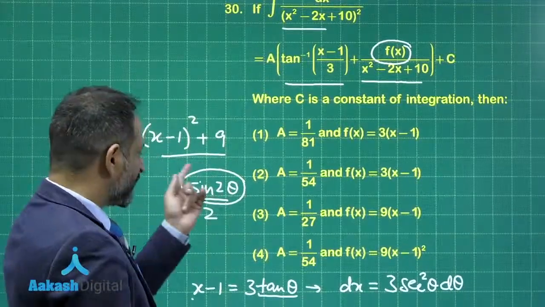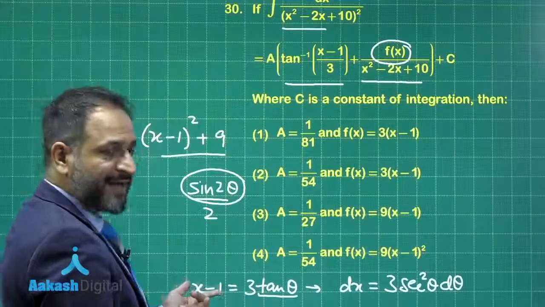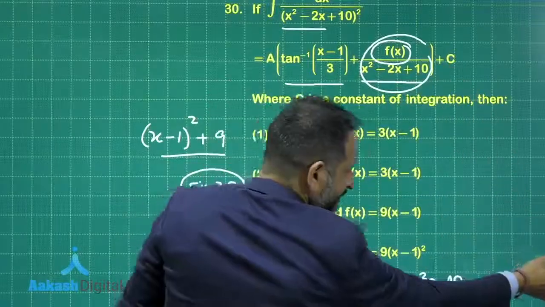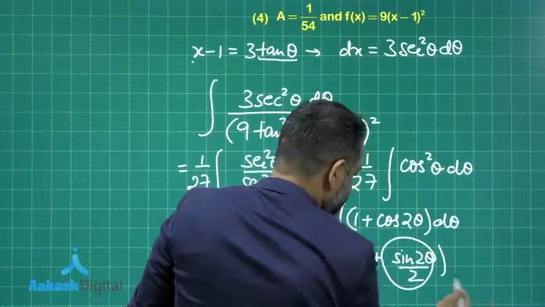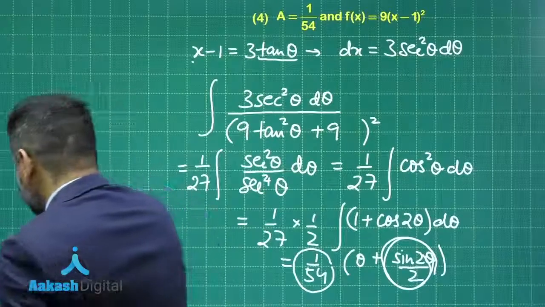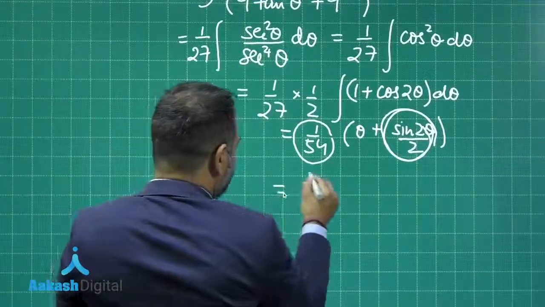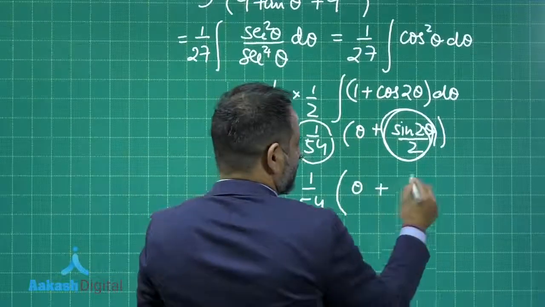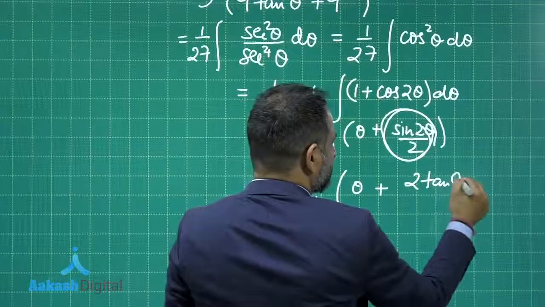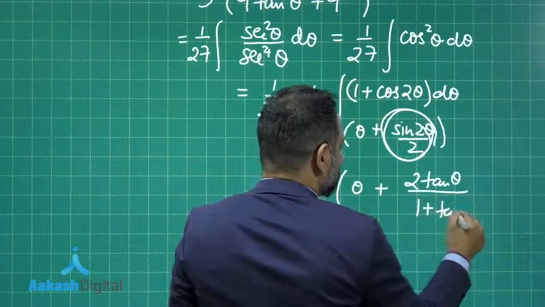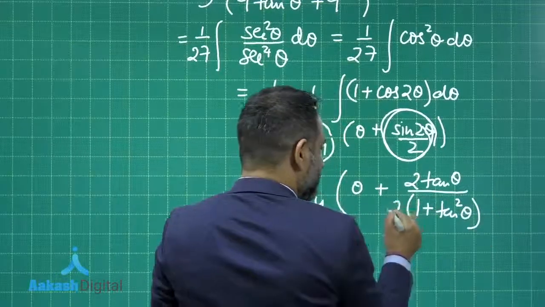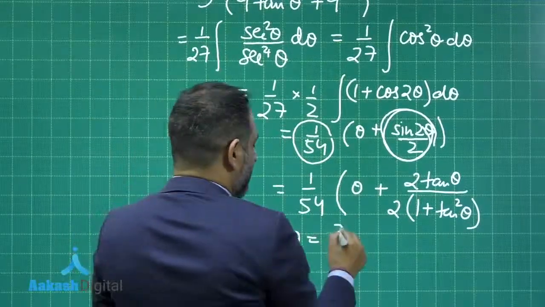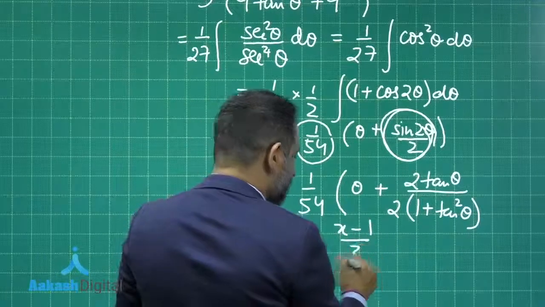So, if you find out this value in terms of x, you will clearly see this term when compared with this term will give you the value when you replace this by 2 tan theta upon 1 plus tan square theta again into 2, where tan theta is equal to x minus 1 by 3.